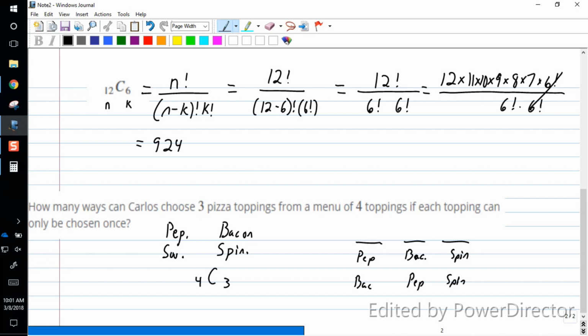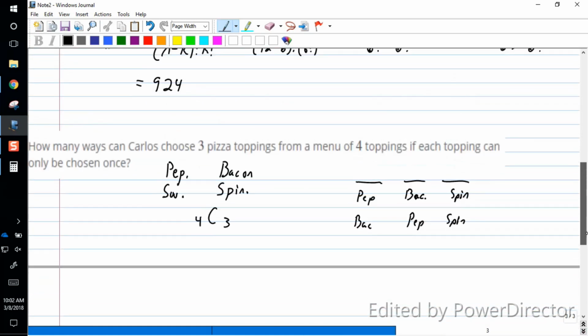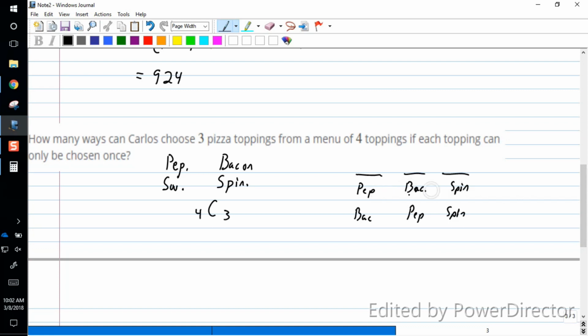Each topping can only be chosen once, that is right. So it couldn't be bacon, bacon, bacon, or that'd be the best pizza. So this is a combination, because we would want to get rid of those duplicate groups that are the same toppings.